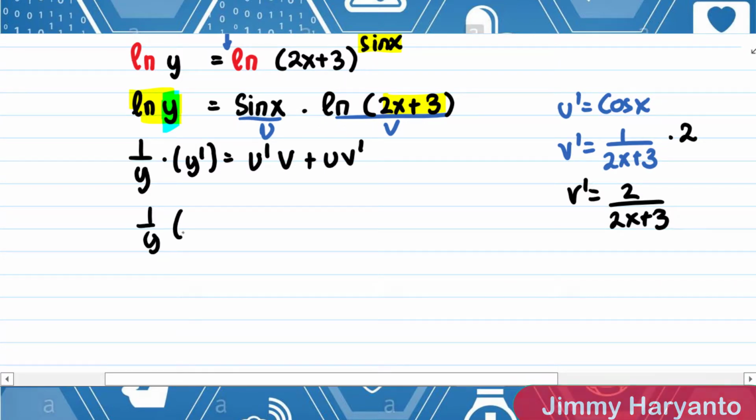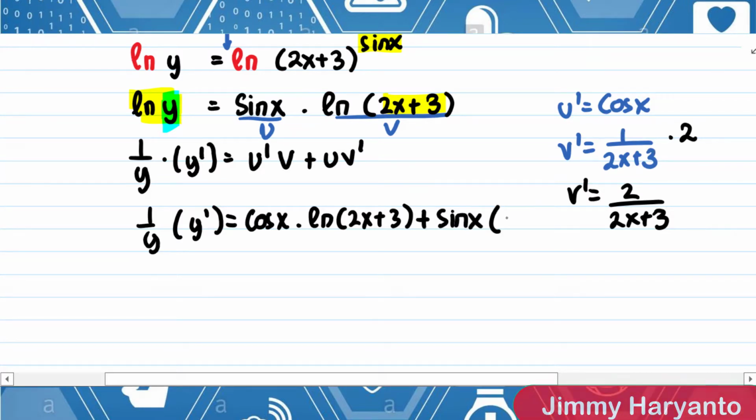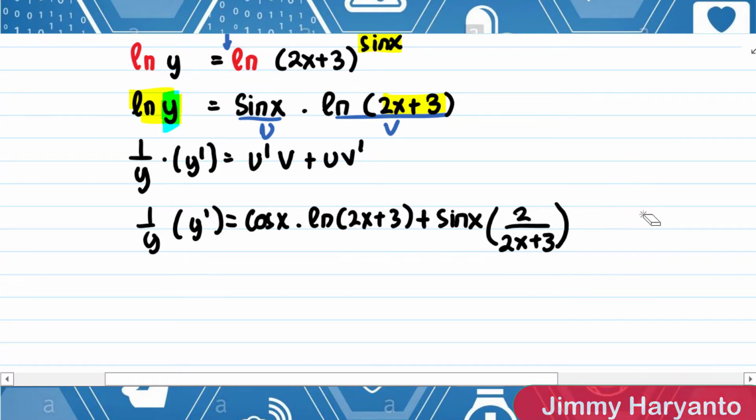So 1 over y times y prime equals u prime, which is cos x, times the v, which is ln of 2x plus 3, plus the u, which is sin x, times the v prime, which is 2 over 2x plus 3, guys. Okay, so this is the result, but we are not done yet because we want to find y prime, right?